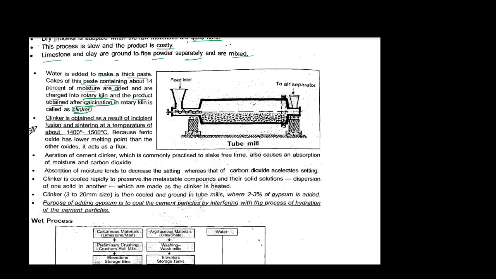Clinker is obtained as a result of incipient fusion and sintering at a temperature of 1400 to 1500 degrees Celsius, which is the maximum. Because ferric oxide has a lower melting point than other oxides, it acts like a flux. Aeration of cement clinker, which is commonly practiced to slake free lime, also causes an absorption of moisture and carbon dioxide.